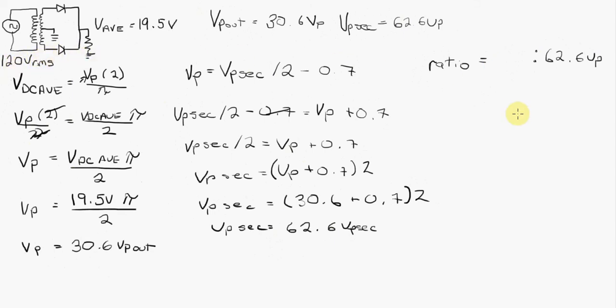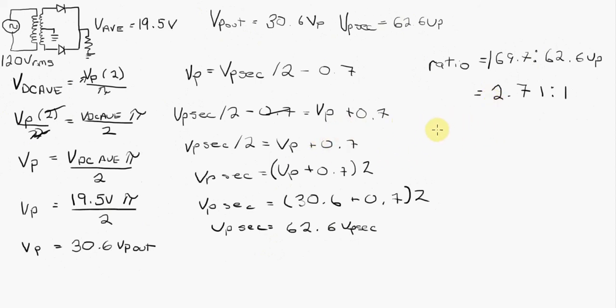If we convert that to peak, the number is 169.7 volts. If we take 169.7 and divide it by 62.6, we end up with the ratio on this transformer being 2.71 to 1. So that's the ratio we're going to need to get this to work. 2.71 to 1 is our transformer turns ratio.